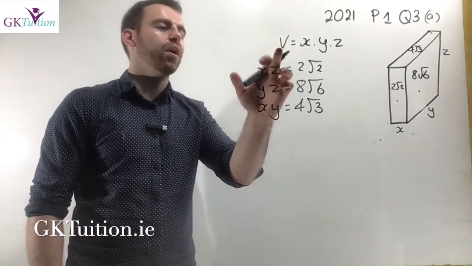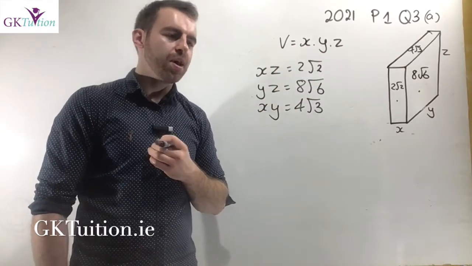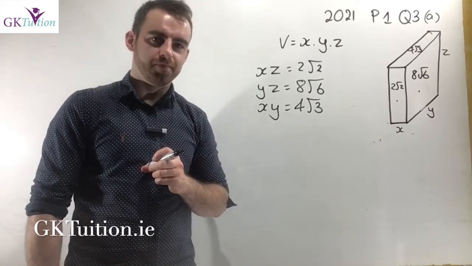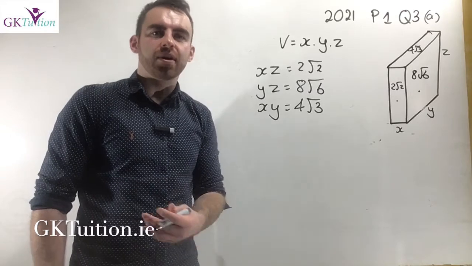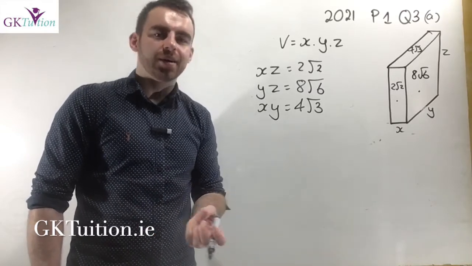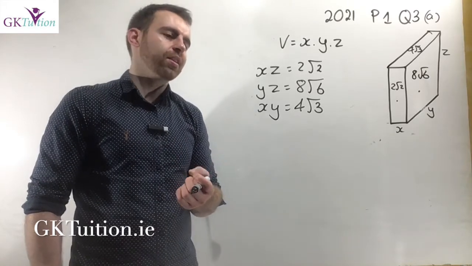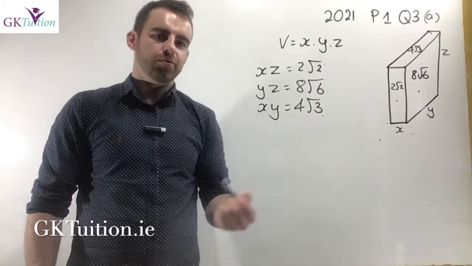We need to work out the volume, we need to work out what x multiplied by y multiplied by z is. We don't have any of them individually, but we have xz, yz and xy. So in an exam, you just have to use trial and error and play around with the numbers a little bit and see if anything will happen for you. What I noticed was that 8 root 6 divided by 2 root 2 is 4 root 3.